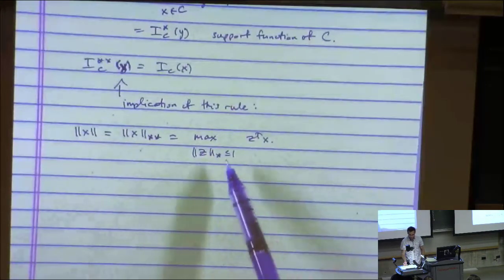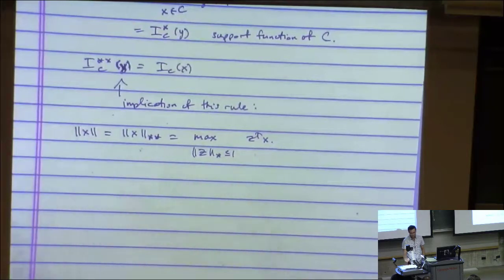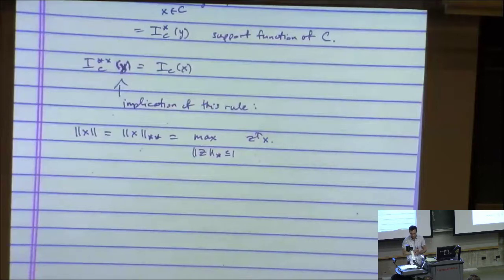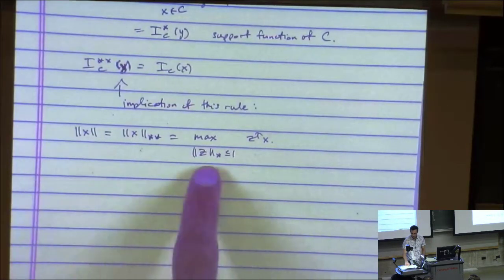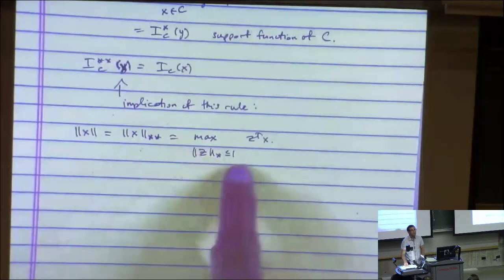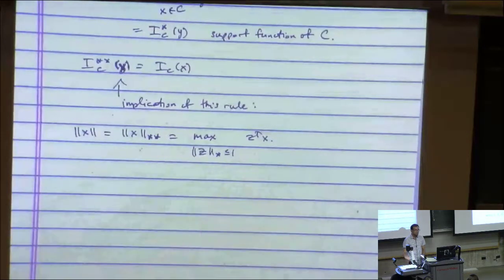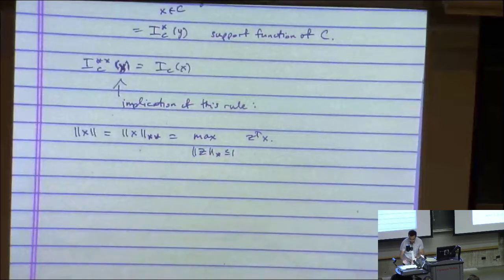This is how I would define the dual of the dual norm, but that's just my original norm. So my original norm is itself a support function of the dual unit ball. And now I'm asking you, what is the conjugate of this function? Well, I'm just applying this rule. The conjugate of the support function is the indicator function, and here the set C is this guy.